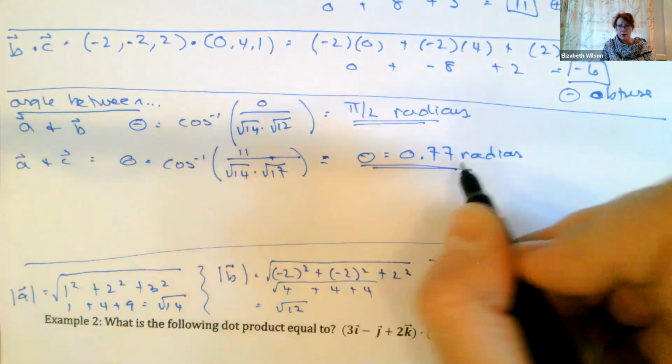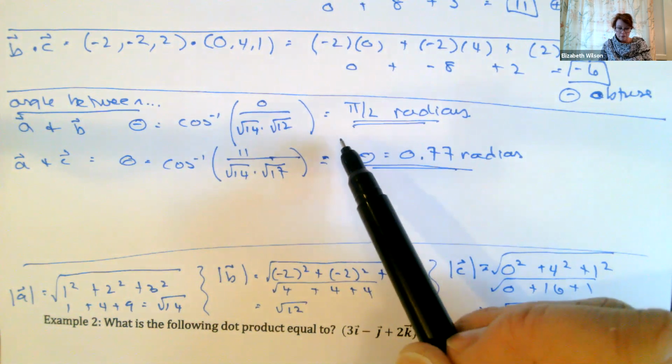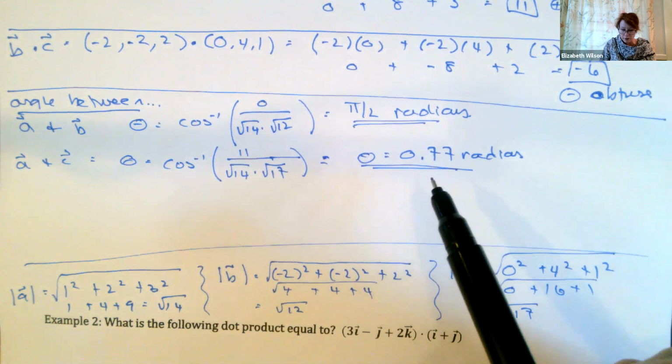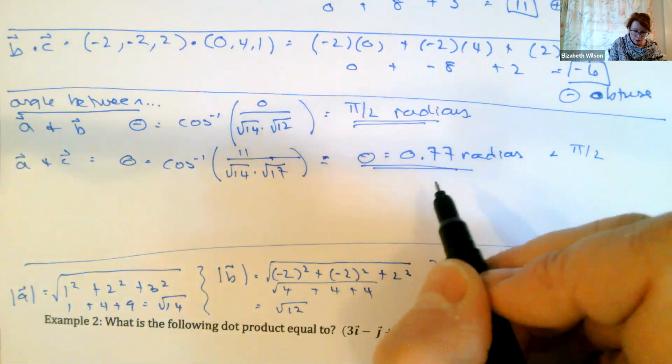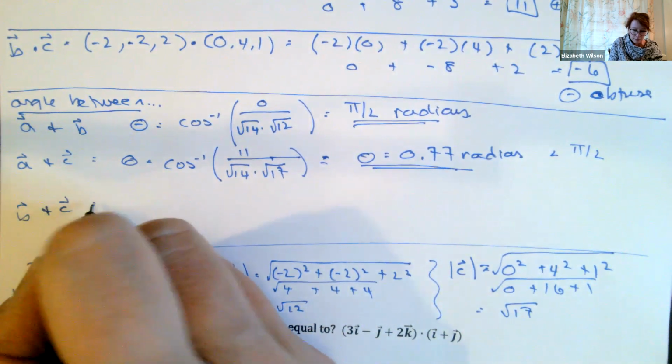Okay, so remember, if pi over 2 is roughly 1.5, between 0 and 1.5 is going to give me an acute angle. So this is less than pi over 2. This is just my reality check. B and C, because this is the angle between.